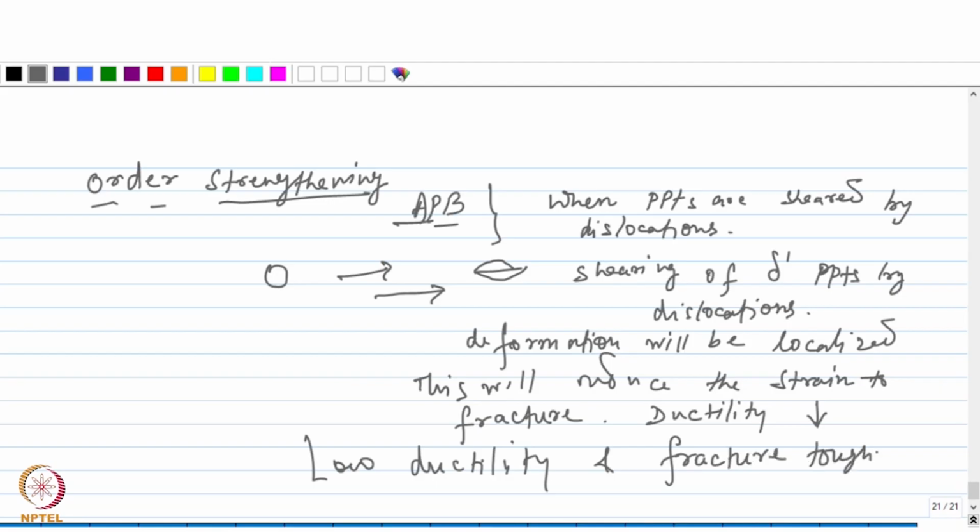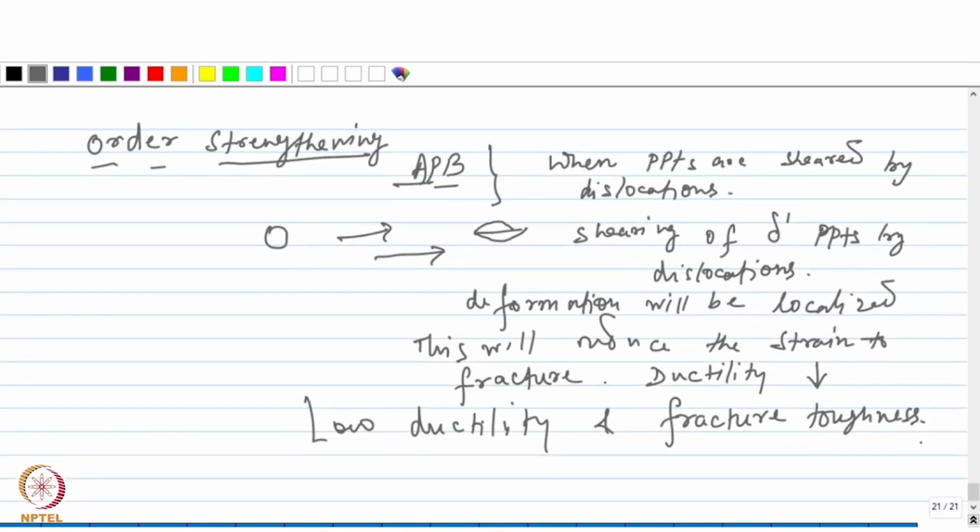So this is something which could not be overcome, and as a result of that, although they attracted a lot of attention in the beginning, ultimately, this whole area of aluminum lithium alloys started to decline as people started to realize that this low ductility and fracture toughness cannot be overcome, right? So you cannot really use this kind of alloys in critical applications like aerospace and aircraft and things like that, simply because of the fact that they have low fracture toughness.